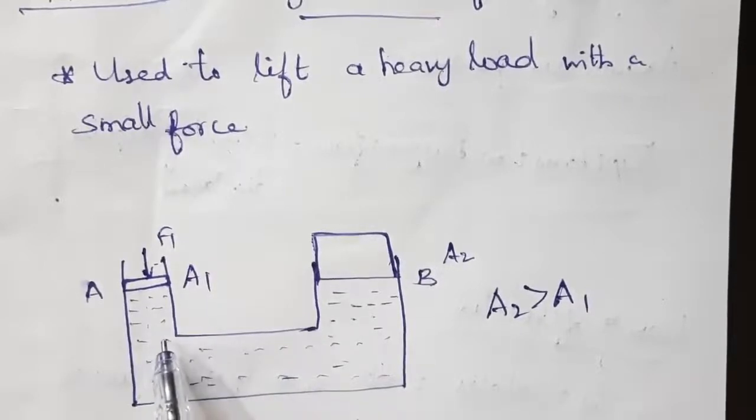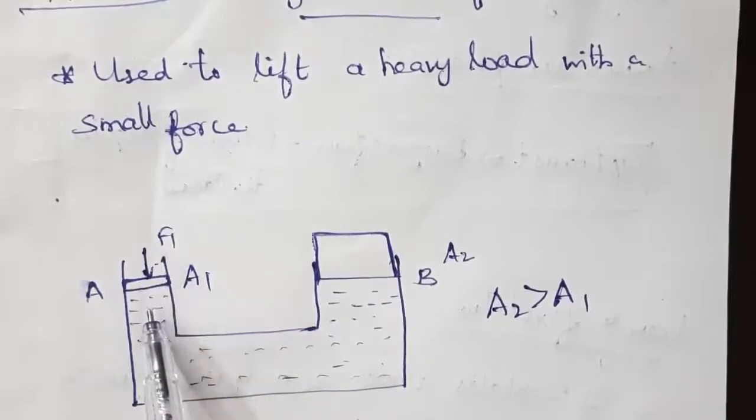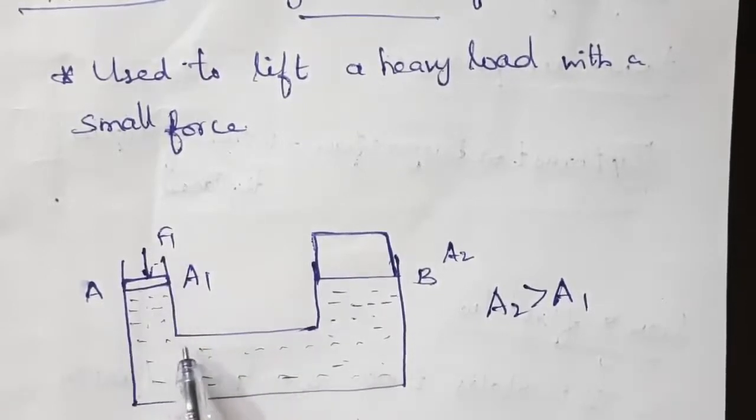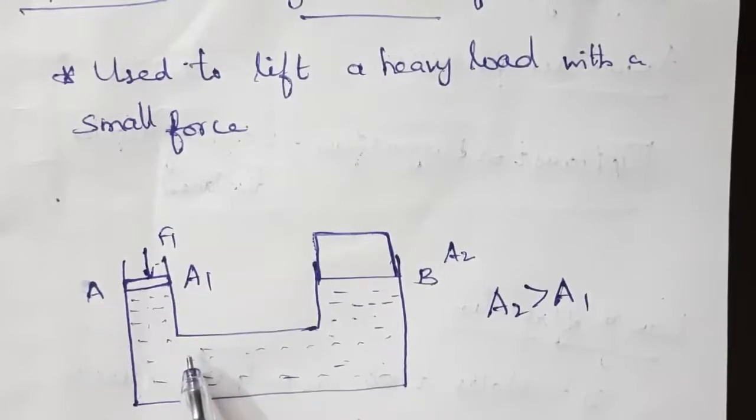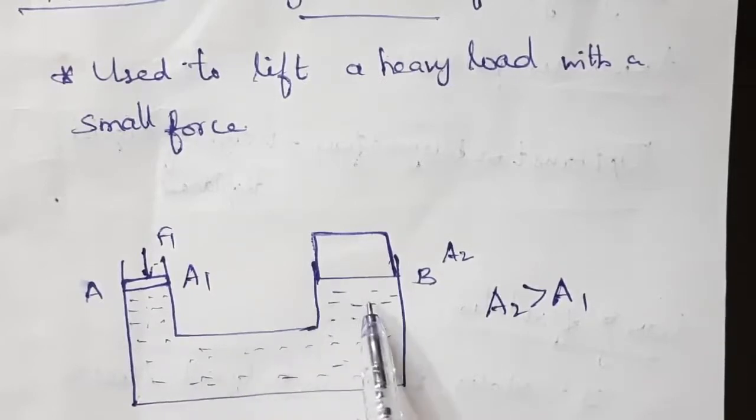At rest, the pressure is the same at all points. If the piston moves downward, the pressure increases, and this increased pressure is transmitted through the entire liquid in all directions.